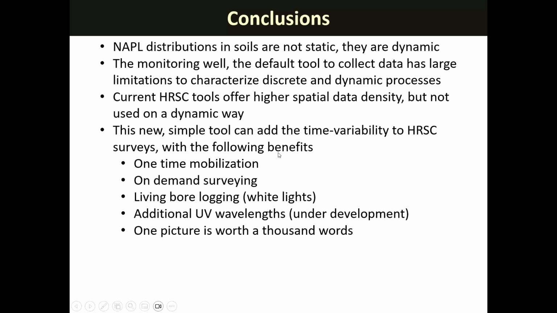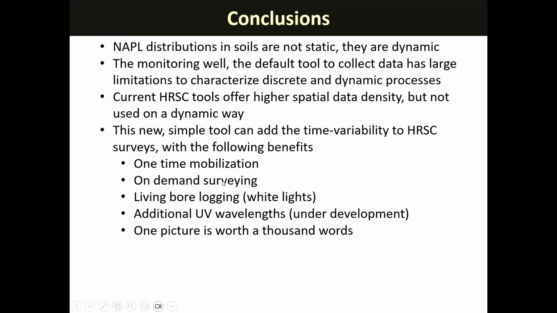These are some of the benefits of this tool. It requires a one-time mobilization, with on-demand surveying. With every survey with UV lights, we also get basically a bore log, telling you where the particle size and types of soils are, and site color and soil colors are.